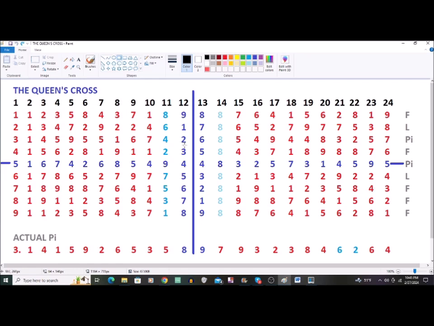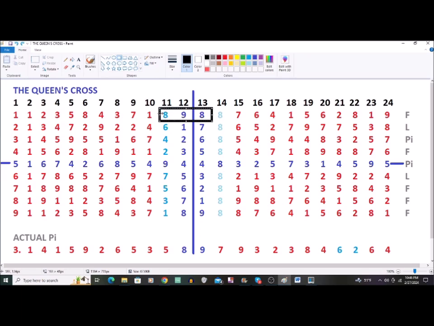Now, as you can see, lots of interesting stuff going on, and when I'm looking at these numbers with the Queen's Cross, I'm looking more lopsided like this at 3 numbers here, and I'm not worrying about the 8 running down here so much.